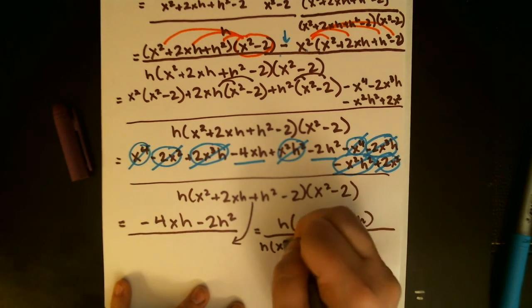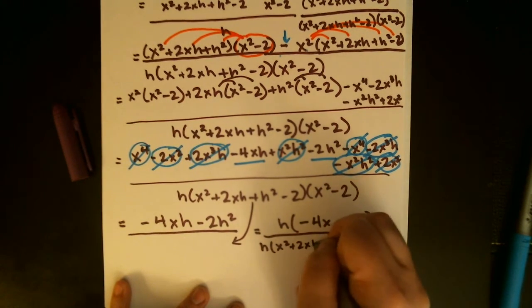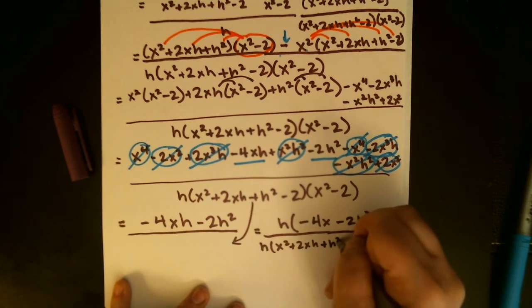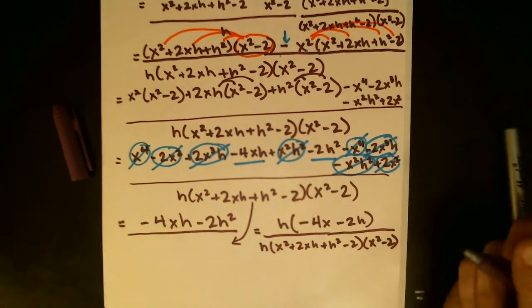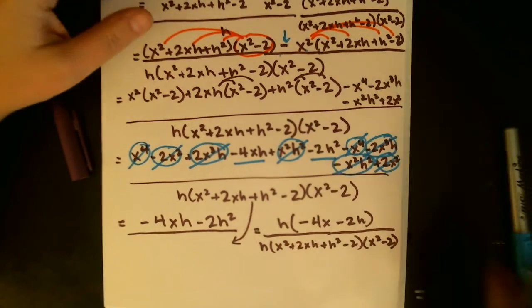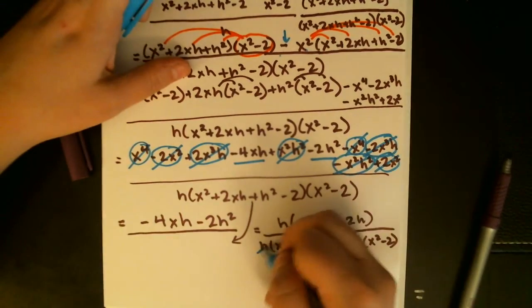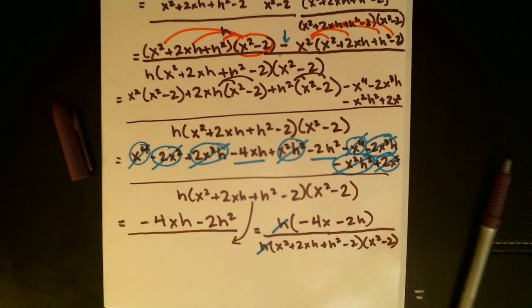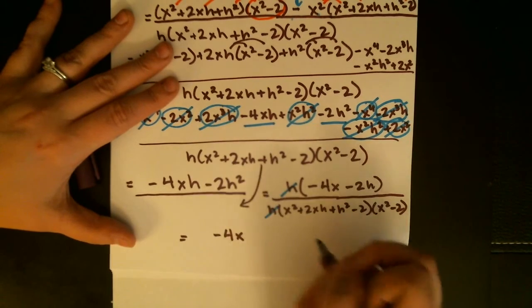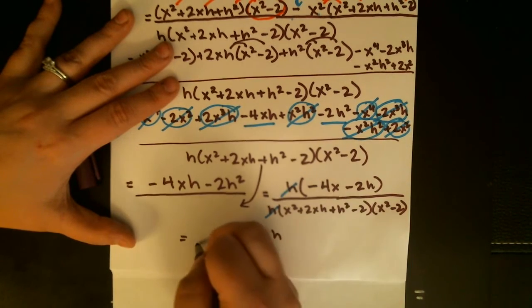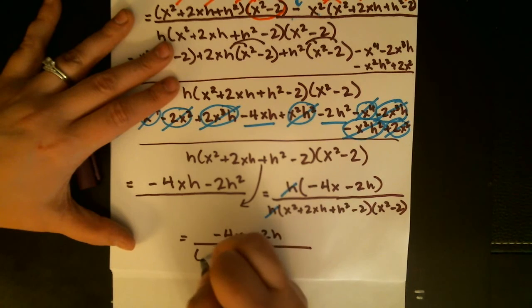So h times x squared plus 2xh plus h squared minus 2 times x squared minus 2. Okay, and then finally, this was our big goal, right? We get to cancel out an h. H divided by h is 1, and what's left is our answer. So this difference quotient simplified down to, still not very simple, but much better than what we started with.